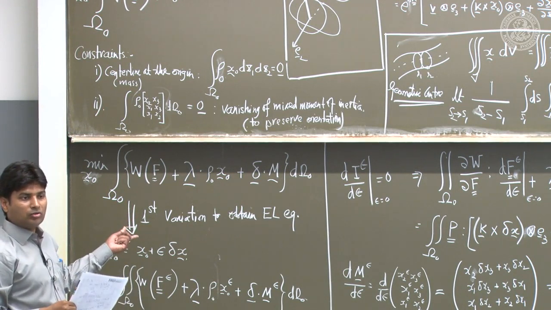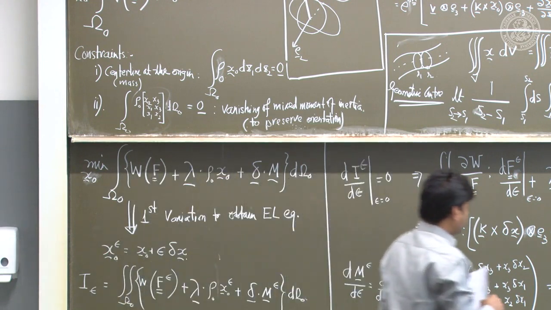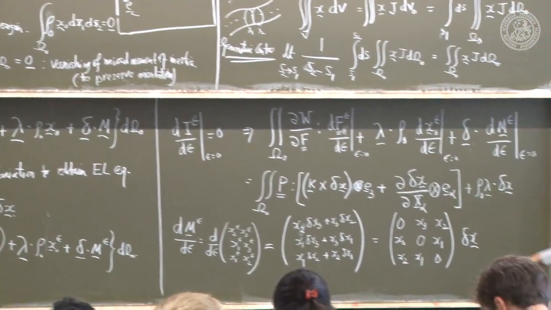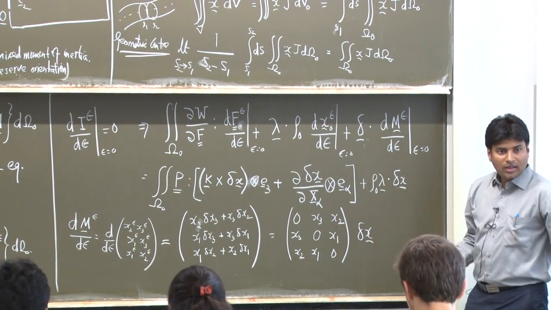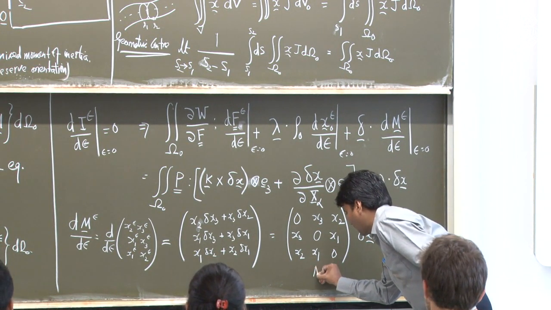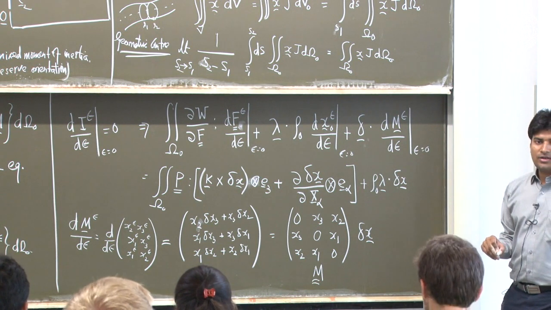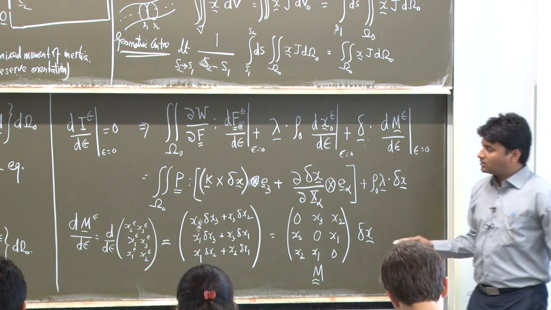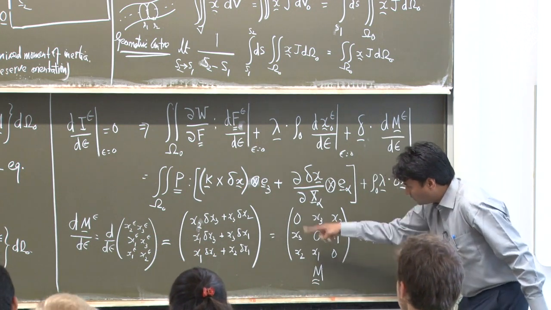So when we work out this, that's what we get. And this matrix, you could just call it your big M with 2 tildes, right? M with a single tilde is this vector, and with 2 tildes is this matrix.